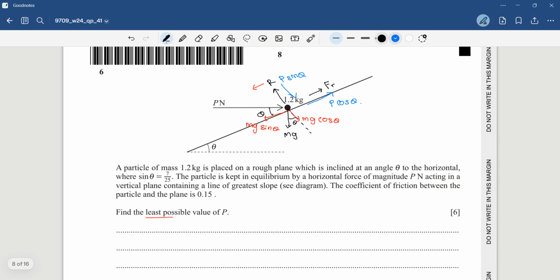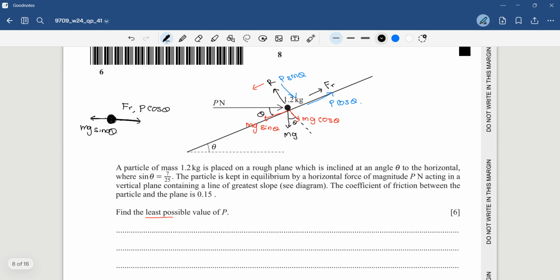So we can redraw this diagram, if you want. So on this direction there will be a frictional force. There will be a P cos theta, and this direction will be mg sine theta.